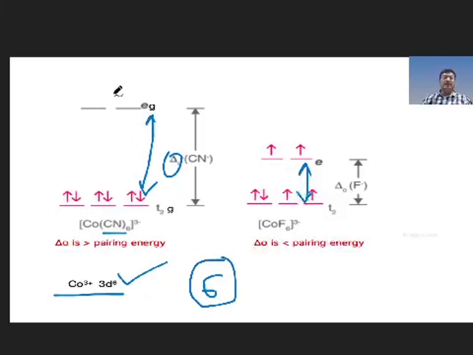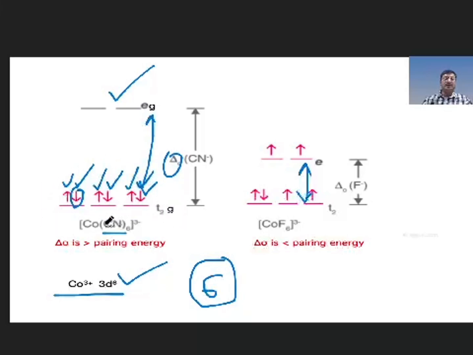In case of the low spin compounds, the first electron will go to t2g, the second electron to the next t2g, the third electron to the third t2g, and the fourth electron will go for pairing into the t2g, because the delta value is more. That's why the fourth electron will go to t2g only, same as the fifth and sixth electrons. So all the 6 electrons are present in the t2g.